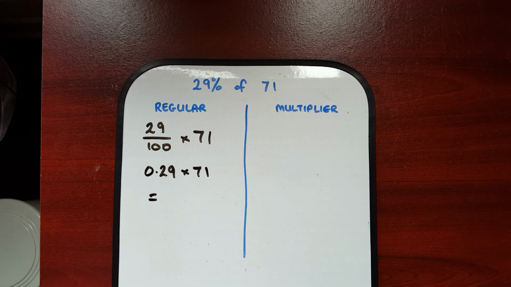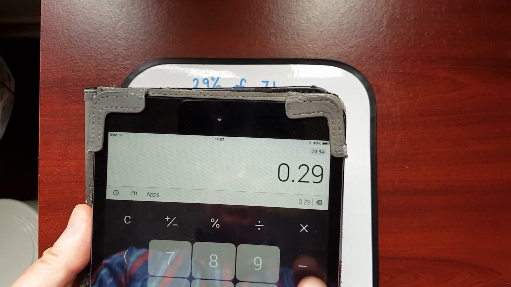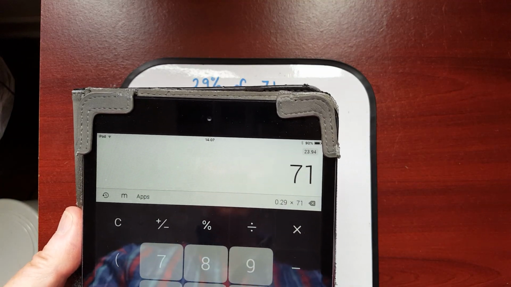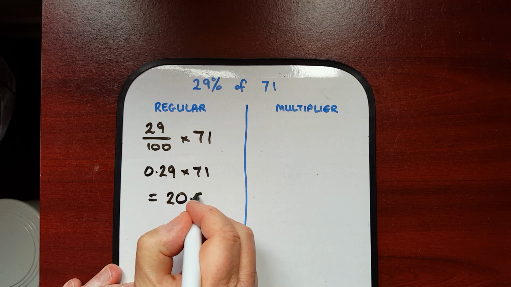And then I'm just left with a nice straightforward question of, let's do 0.29 times 71. 0.29 times 71 equals 20.59, and that's it. We've finished it.